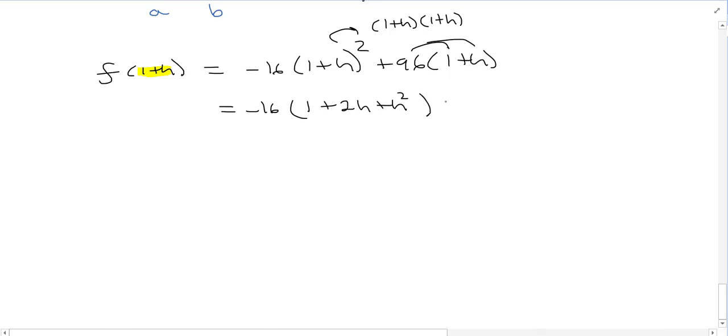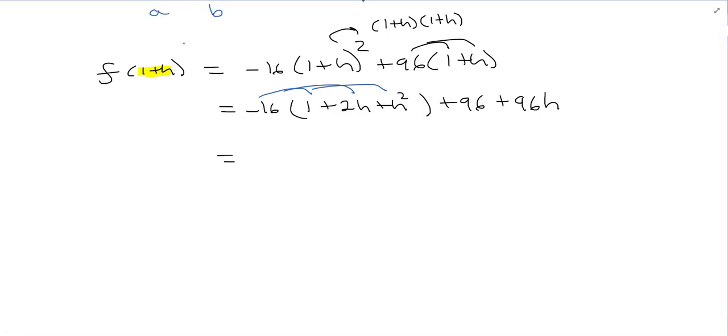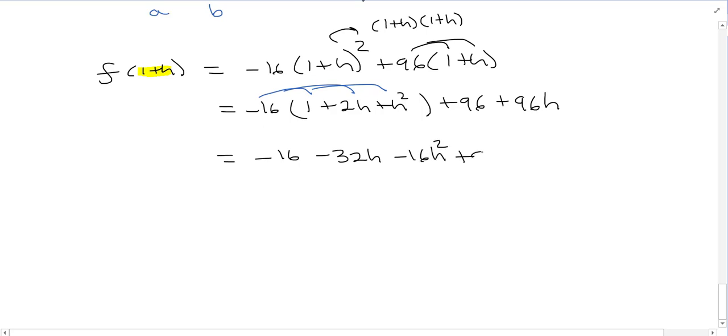And then distribute the 96, so plus 96 plus 96h. And let's distribute the minus 16 into there. So we're going to have minus 16 minus 32h minus 16h squared, and then plus 96 plus 96h.